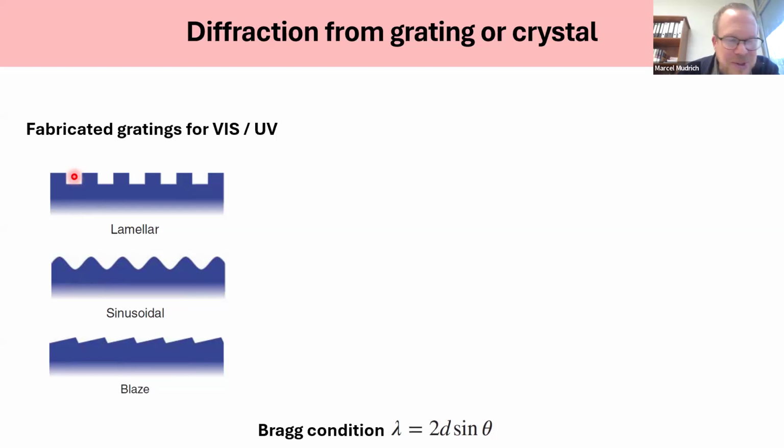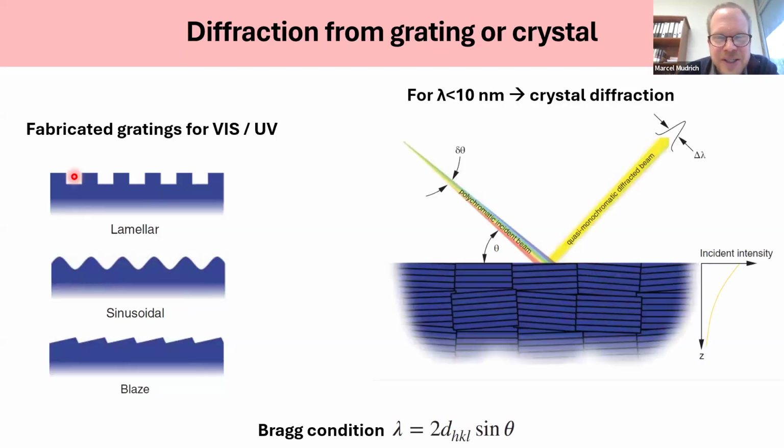And the good news is that we don't actually have to make a lot of effort to produce such structures artificially, because any crystal material, a crystal is made of a regular arrangement of atoms, right? So we can just use ideally a single crystal, a perfect crystal made up of single atoms, and we get our diffraction grating just from the periodic structure of the crystal.